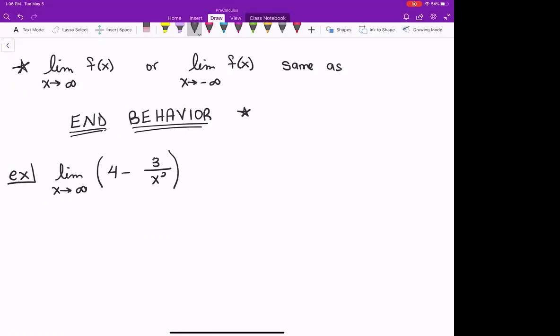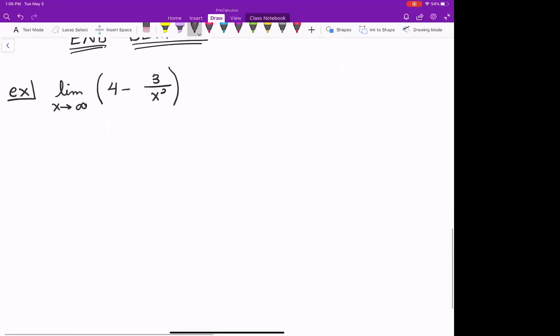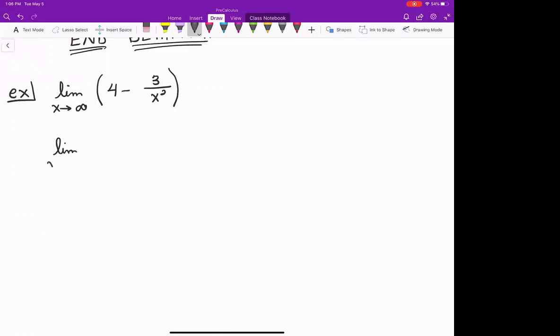Those properties would be things like I can split up this limit into 2 limits. So another way I could think of this is the limit as x approaches infinity of 4, minus the limit as x approaches infinity of 3 over x squared. So you can split this up into 2 different mindsets.